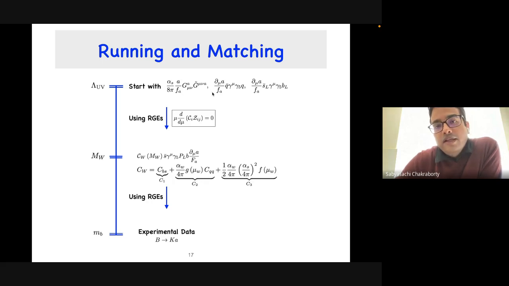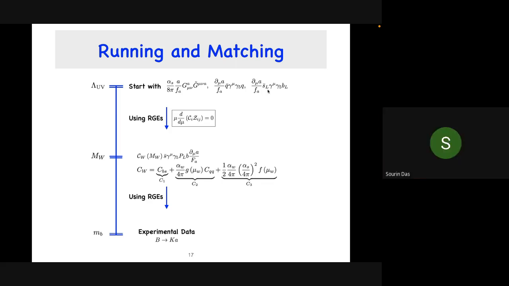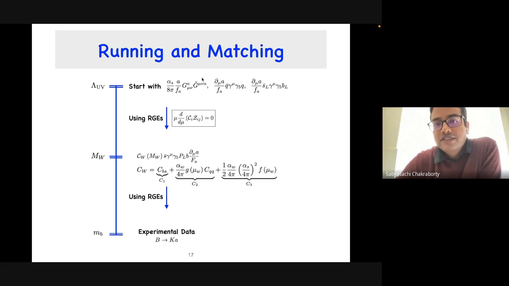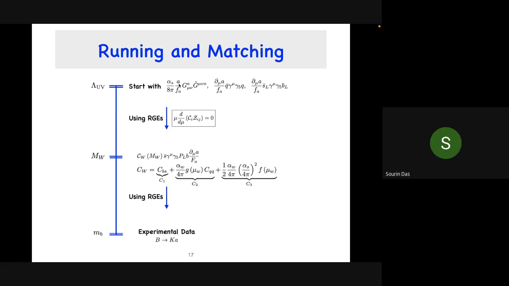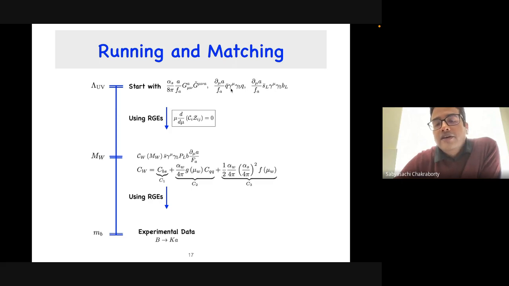Now, when I have axion quark-quark couplings, the situation is again the same. The total term is invariant under T, but not the GG dual by itself. When you include the axion, it becomes invariant. Here also you have a gamma 5 and an axion, which makes it invariant.